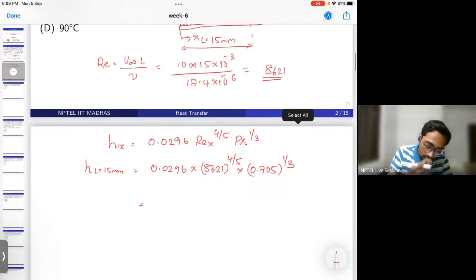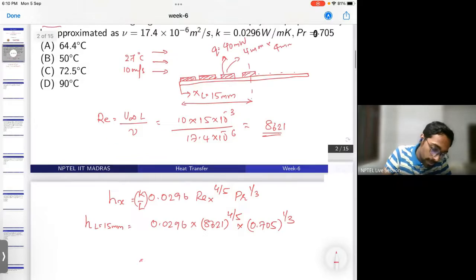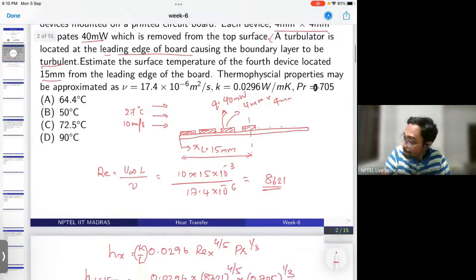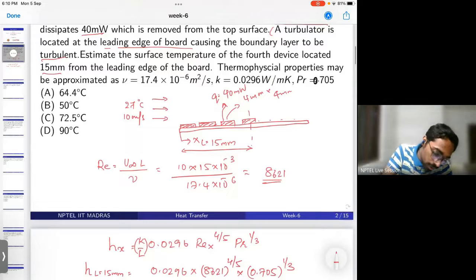Okay, so the answer to this question, we have to multiply h_x by L also. If we multiply h_x by L, that means k by L, that is thermal conductivity by L. K is given as, sorry, this is 0.7.